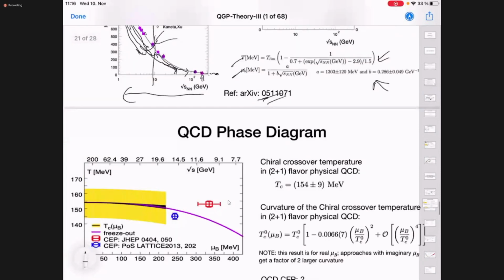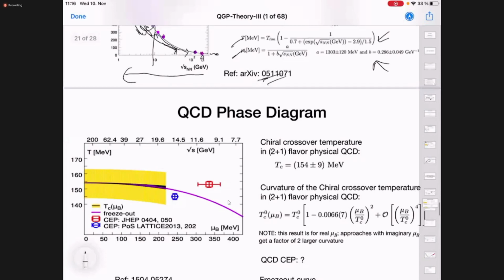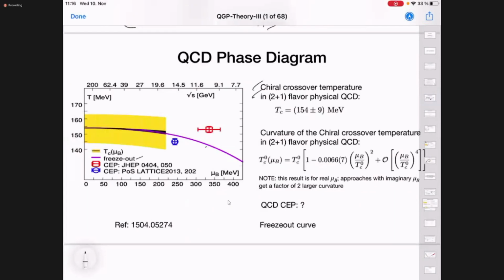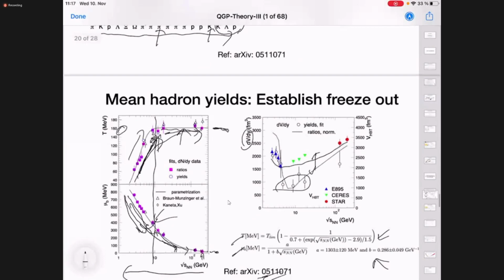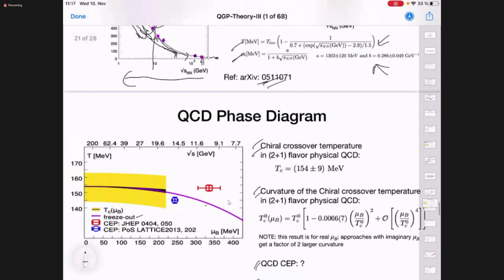And so going back to our QCD phase diagram, a few classes back we had put this curve, which was the freeze out, right? So what all things should we look out for on the QCD phase diagram? Now we can include this freeze out curve, because the T and mu B that you get, you can collect and start plotting them here as per beam energy. I had mentioned that we have T and mu B here, and how we could also plot root S. Where was the connection?